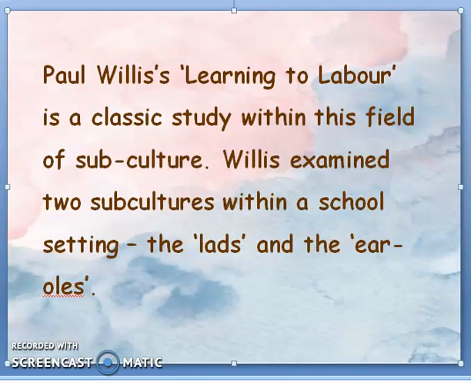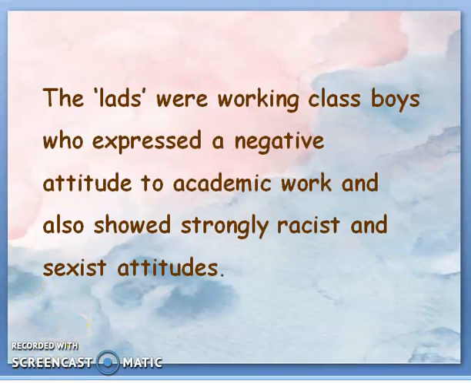Paul Willis's Learning to Labour is a classic study within this field of subculture. Willis examined two subcultures within a school setting. Those are the lads and the Earoles. The lads were working class boys who expressed a negative attitude towards academics and also showed strongly racist and sexist attitudes.